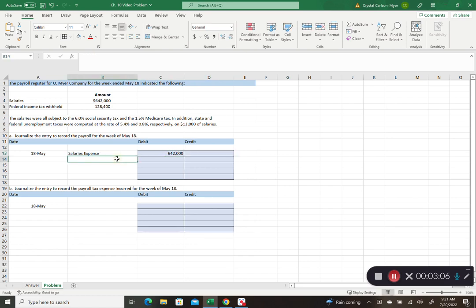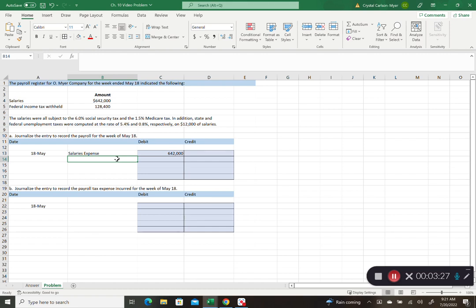Now we're going to go through and add our different payables. The reason why you can't just say it's one payable is because you have different payables. You have your gross pay and then the net pay. The net pay is the amount that you're actually paying out to your employees. The difference between that is the various taxes that you're collecting.